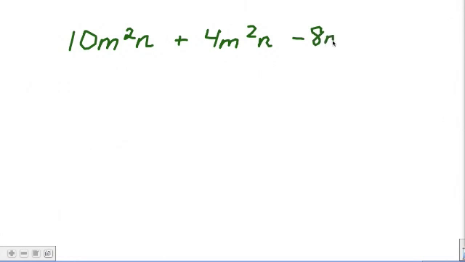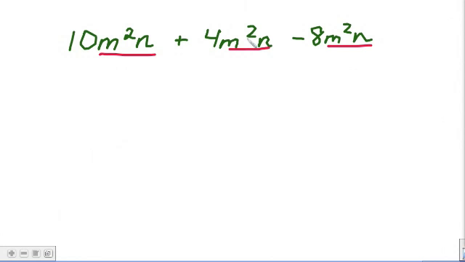Okay, look at this one. We have 10m squared n plus 4m squared n minus 8m squared n. Well, they're all like terms. They all have m squared n. And since they all have that, we can combine all of these.